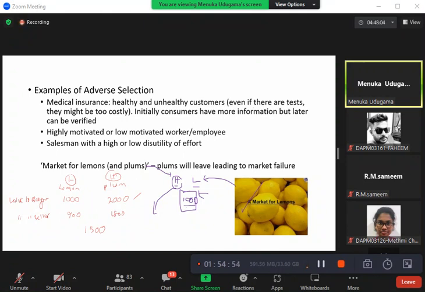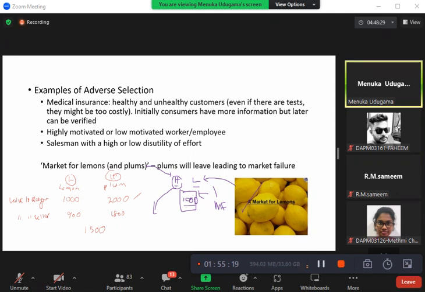They can artificially vary the prices. And with time, this market will collapse, and that would lead to what we call market failure, right? So if there is no verification method to check the quality, that is going to create market failure.